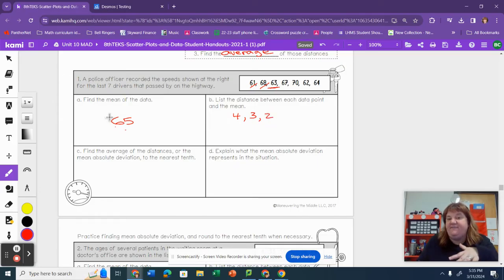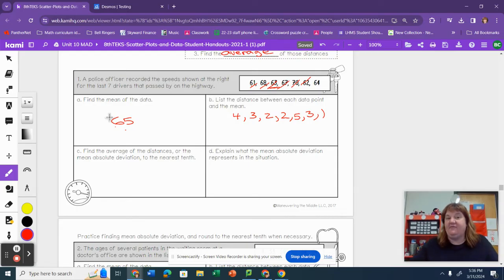How far is 65 from 67? It's 2. Oh yeah, there are two 2s. And how far is 65 from 70? How far is 65 from 62? 3. And how far is 65 from 64? 1. So now we have a new set of data.